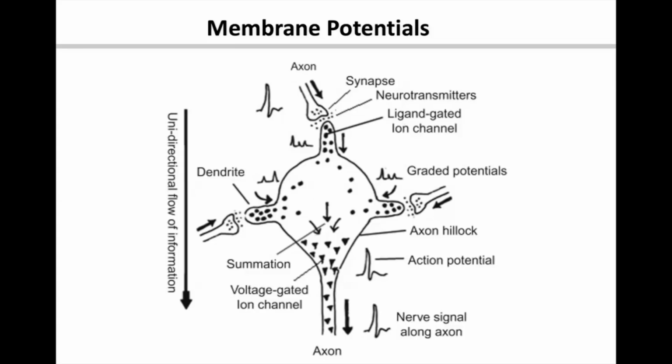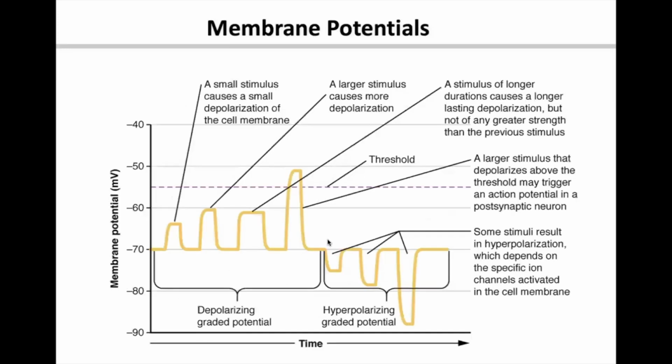So let's understand this in the next picture. If I have to make a graph, what is happening? This is the membrane potential. This is the time in which this is happening. Here, small stimuli are coming. Some of the sodium ions are moving in.